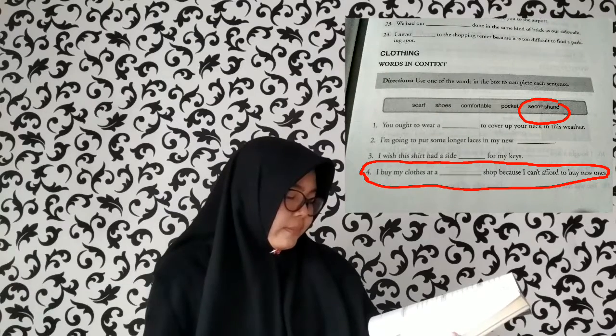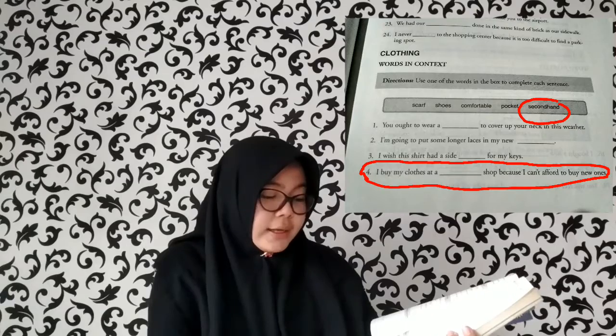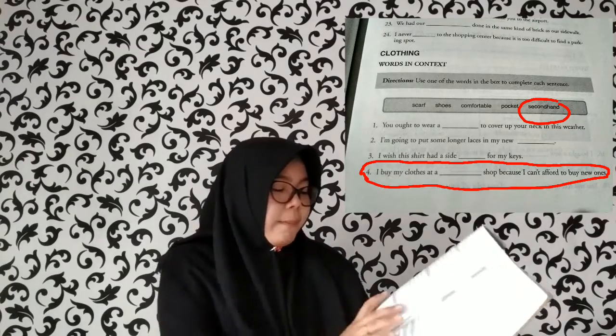And I'll read one question. I buy my clothes at a blank shop because I can't afford to buy new ones. And the box has the answers, so we must choose one answer. This is second hand, right?